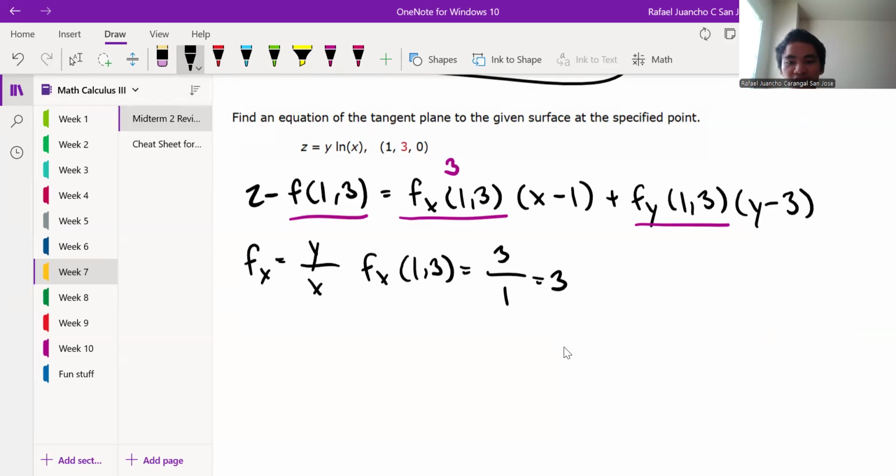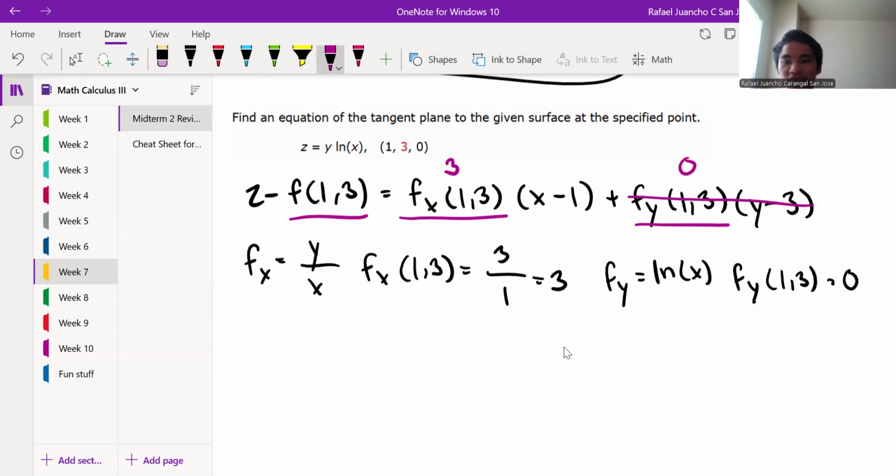Then for f sub y, I treat y as the variable and ln x as a number, so I basically just have ln x. At (1, 3), this is ln of 1, which is 0, so this term is gone.